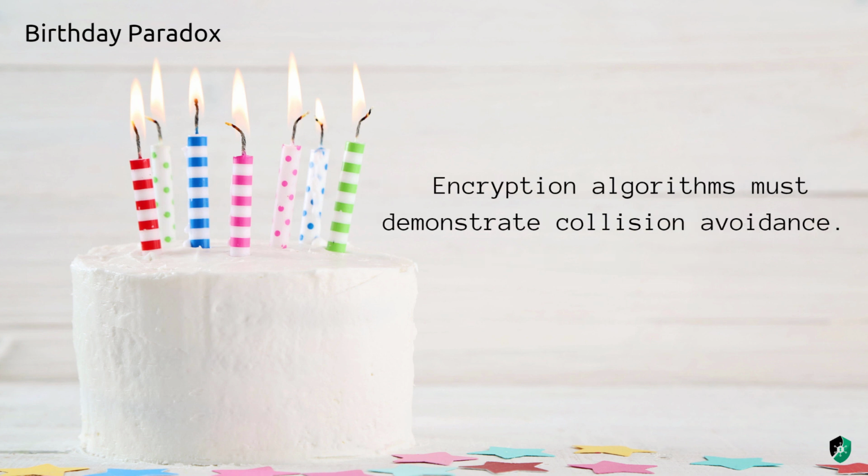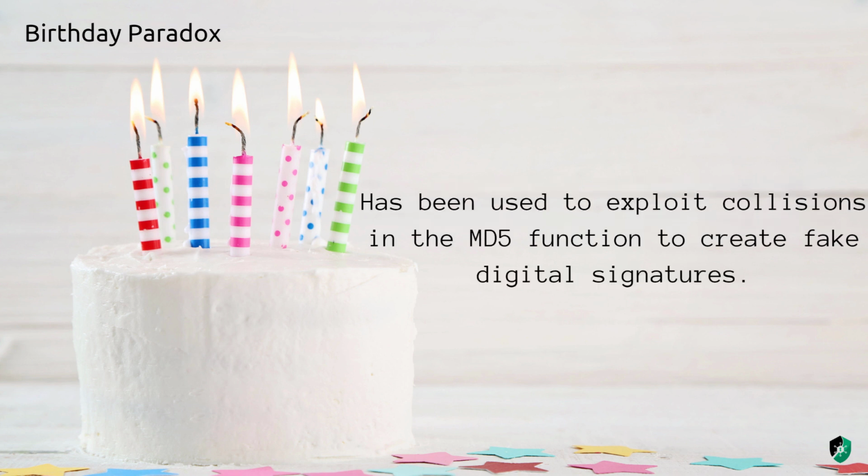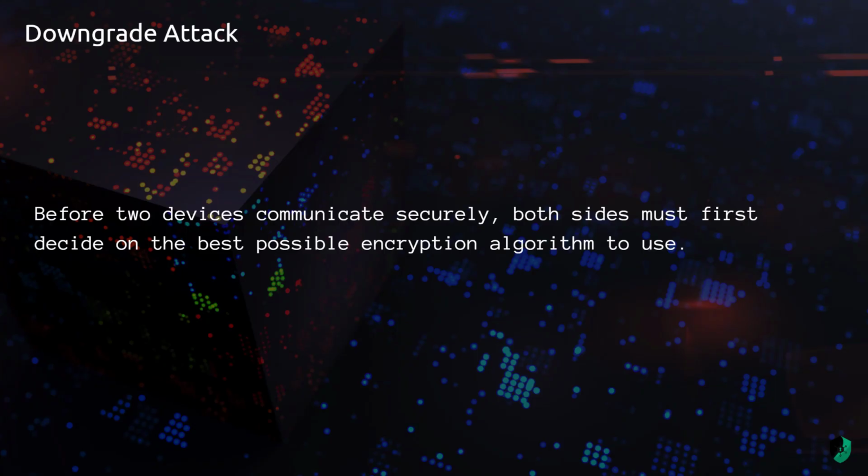So hashing algorithms must demonstrate collision avoidance, meaning that once a particular document is hashed and another is hashed, that algorithm should be able to demonstrate that it will not produce hash collisions. It's known as collision avoidance. The birthday paradox has also been used to exploit collisions in the MD5 function to create fake digital signatures.